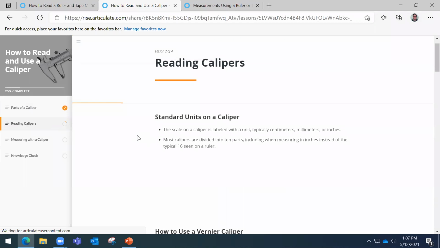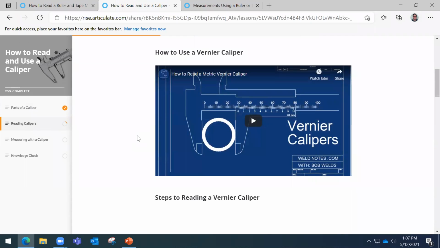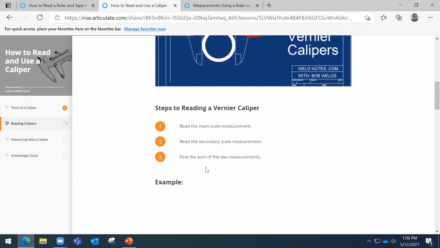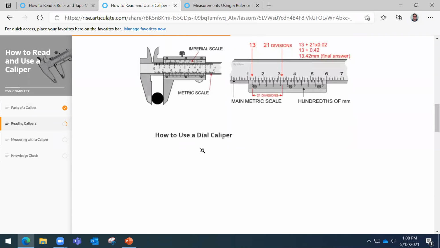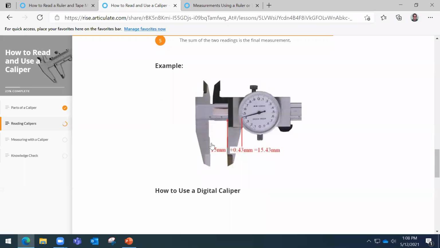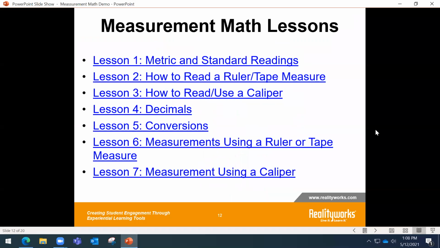Once they get that done, they can move on to more interactive and more difficult learning. So again, bringing in different types of visuals, from videos to interactive pieces, and then allowing students to learn from this online source. So bringing us back to our measurement, these are 7 lessons.